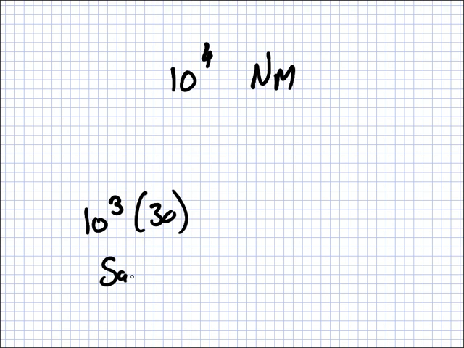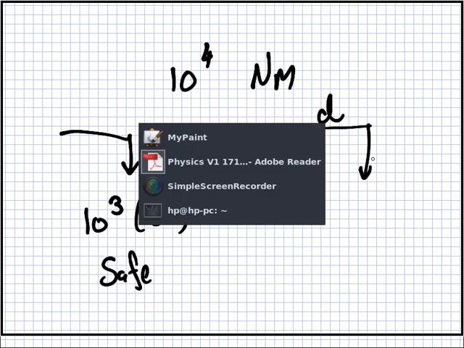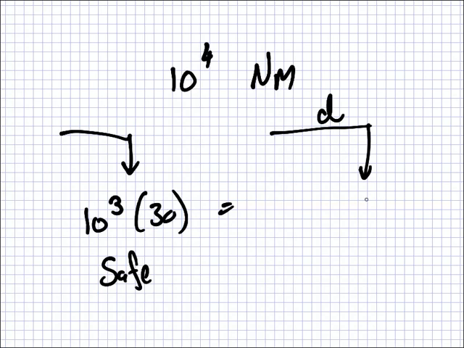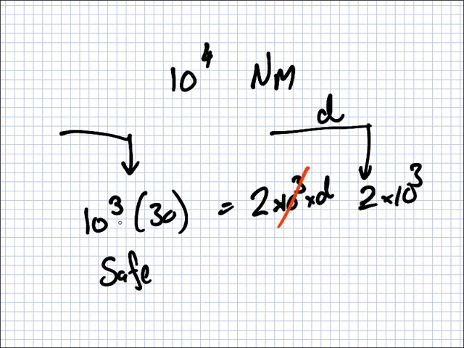That's the safe amount, and that should equal what D here if you increase it to 20,000. So this will equal 2 times 10 to the 3 times D. So they cancel. D is 15.